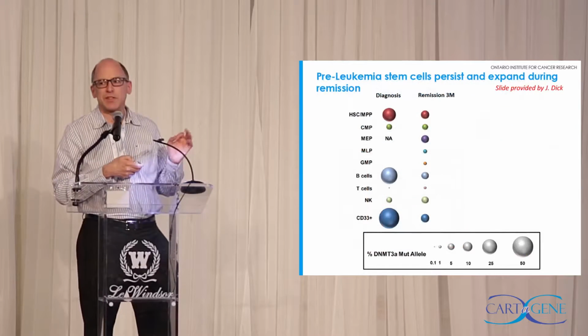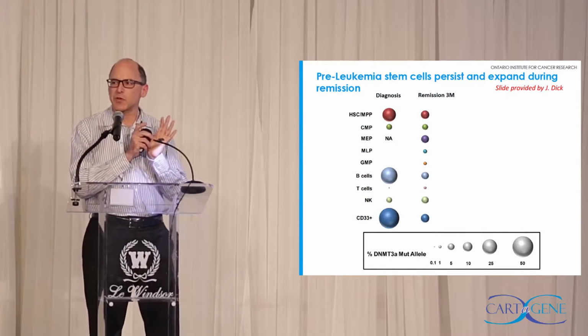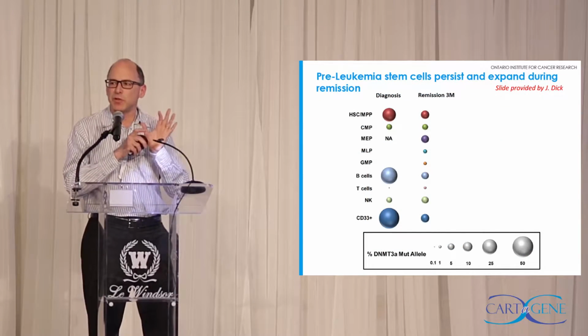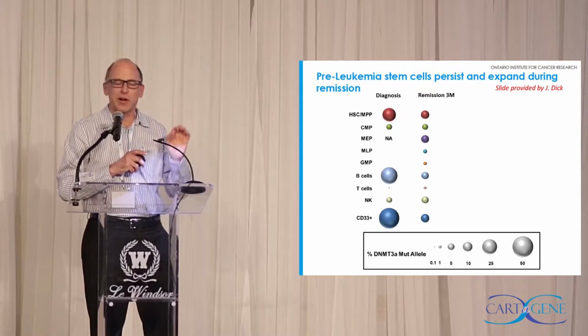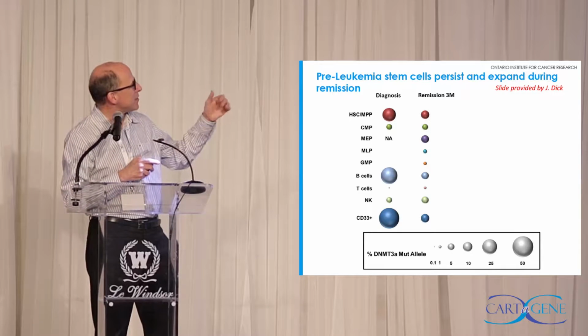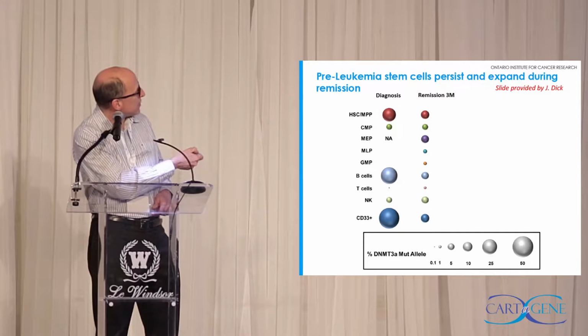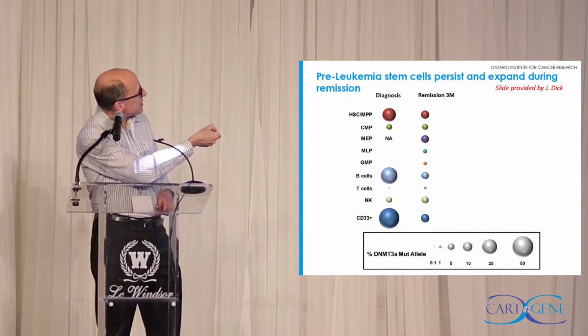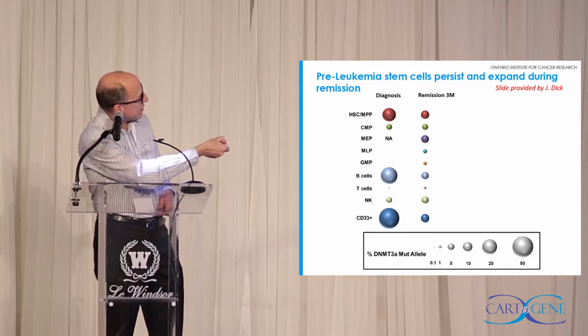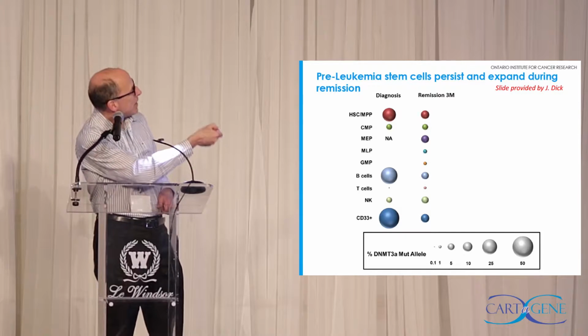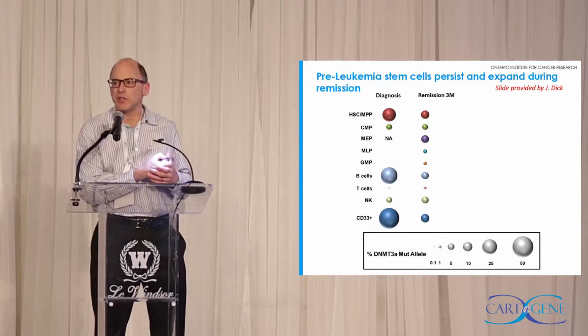Here I'm showing the size of the circle as the frequency of that mutation when you look at all the cells in the body that we're able to isolate, B cells or T cells. When a patient had leukemia, in this case, we could see that stem cells, B cells, and the blast fraction had a lot of DNMT3A mutation.